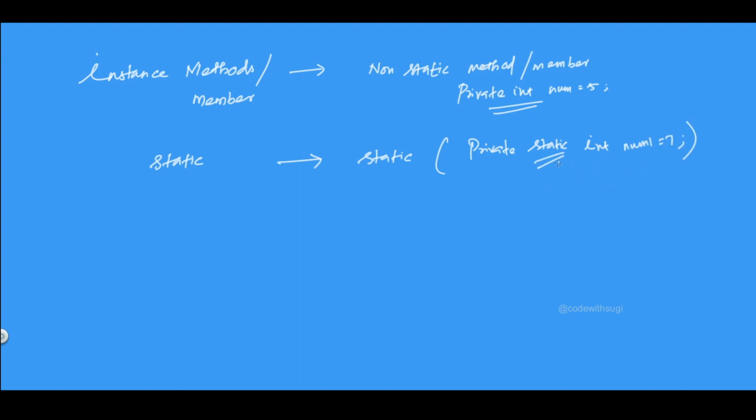Okay, we have a static keyword in it, so that's the reason we used to call this is the static. Now we need to see the accessibility, right? How to access this non-static into a static, the same way static into a non-static method.